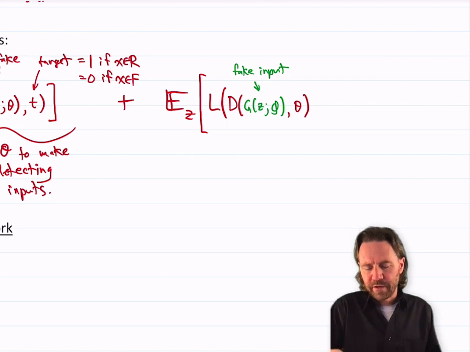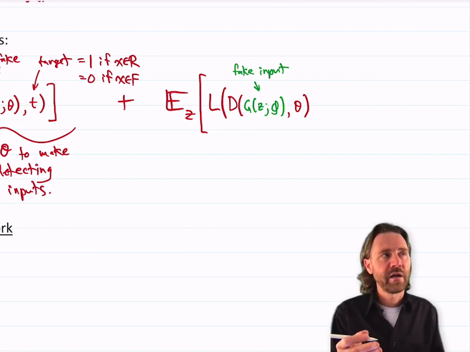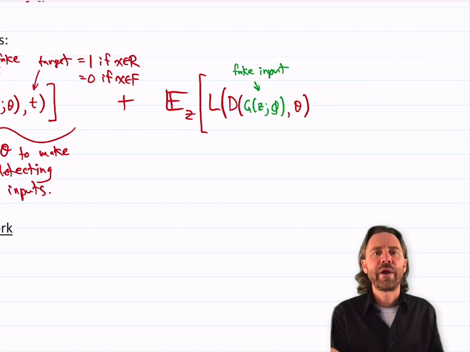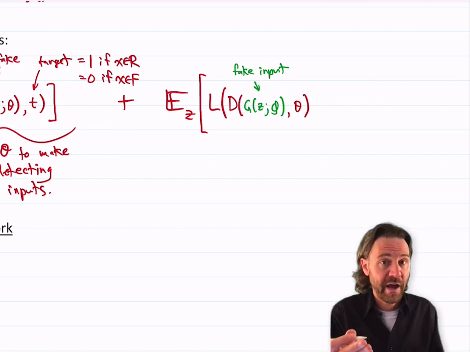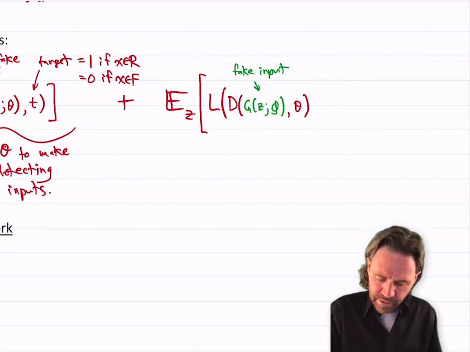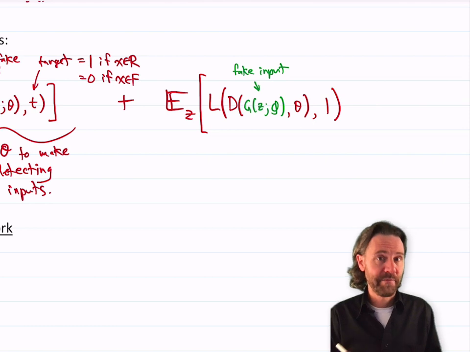Now the loss between the output of the discriminator when it's given a fake input: really the target should be 0, but we want to generate the gradients to help the generator be better at fooling the discriminator. So we're going to adversarially say the target is 1.